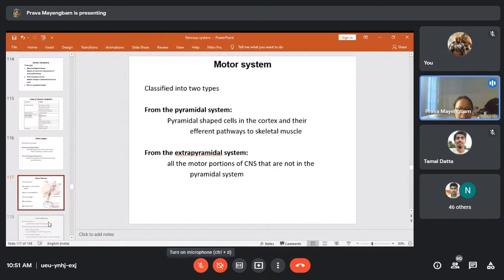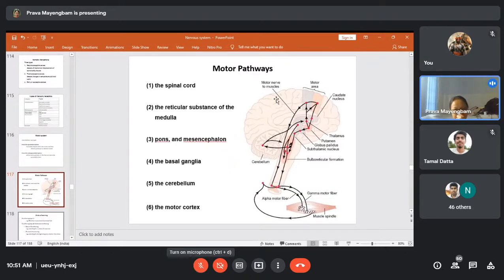So what happens here, these motor centers, how will they travel? It will start from the spinal cord, then to the reticular substance of the medulla, then the pons and the mesencephalon, then the basal ganglia, then it will reach the cerebellum, and then the motor cortex.